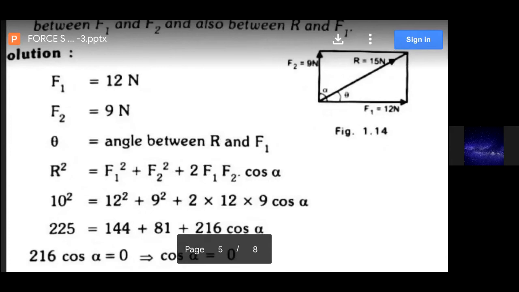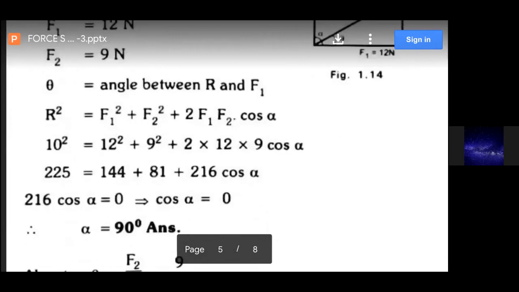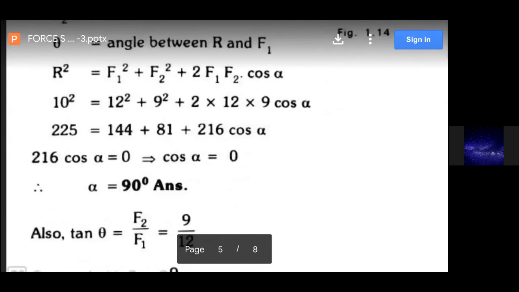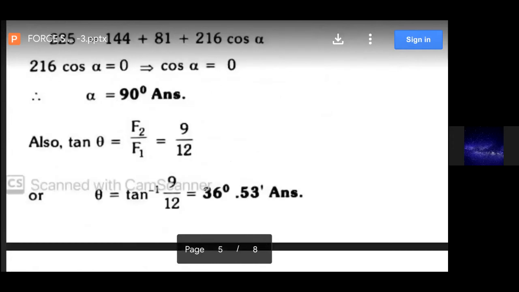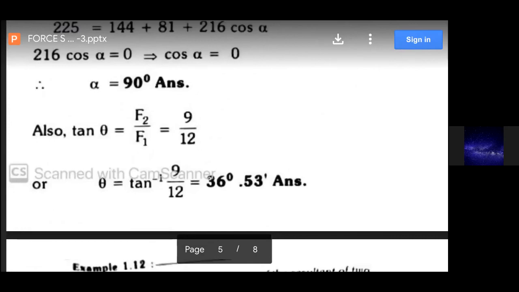That is 15 square is equal to 12 square plus 9 square plus 2 into 12 into 9 cos alpha. So 15 square gives 225 equal to 144 plus 81 plus 216 cos alpha. After simplifying, we get cos alpha is equal to 0. So alpha is equal to cos inverse 0, that is 90 degrees.